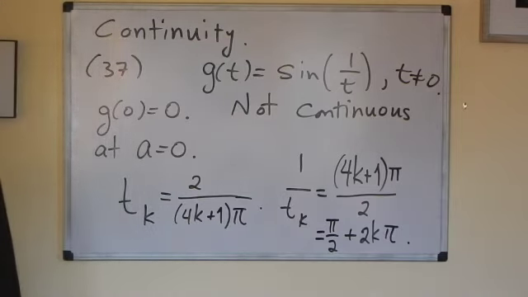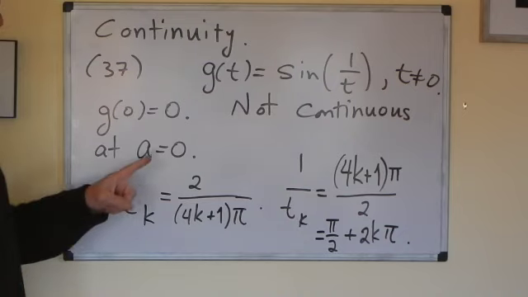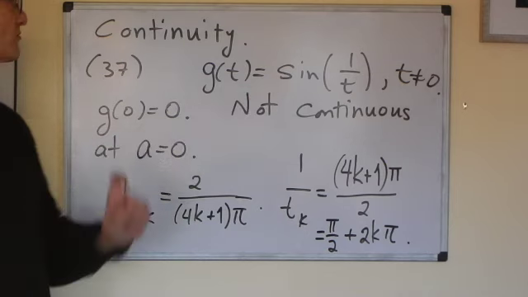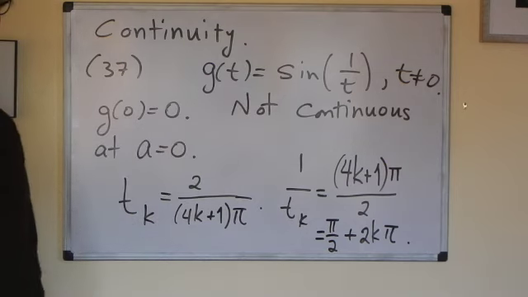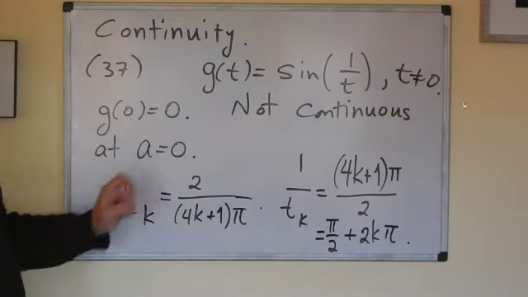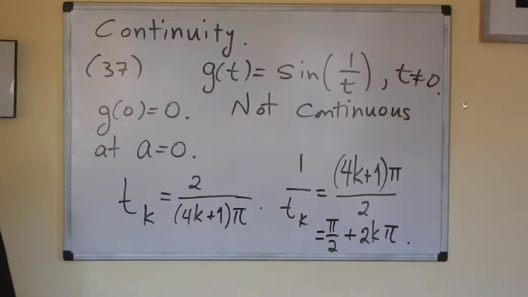So what are we trying to show? We're trying to show that you cannot make the difference between sine 1 over t and 0 small by making sure that t is close to 0. And here's why.